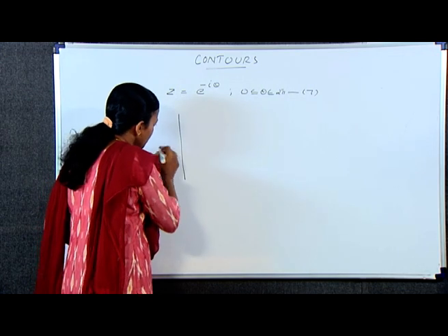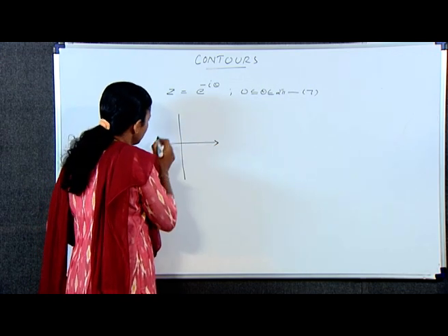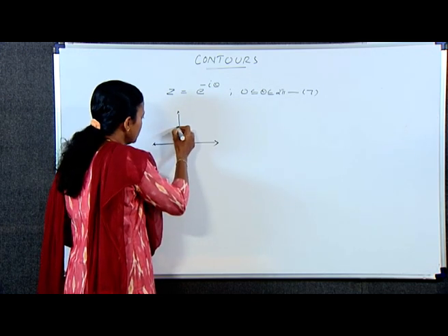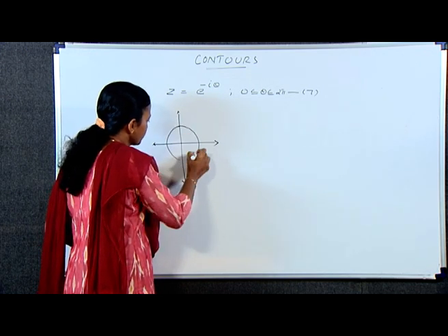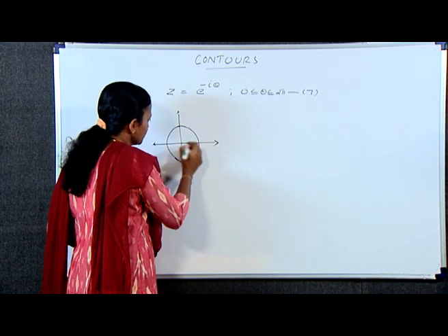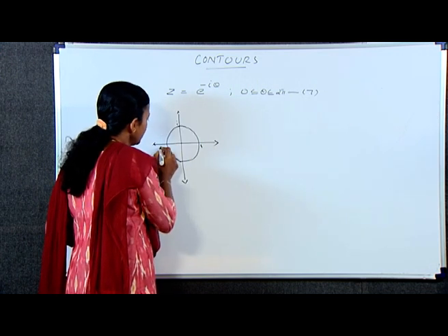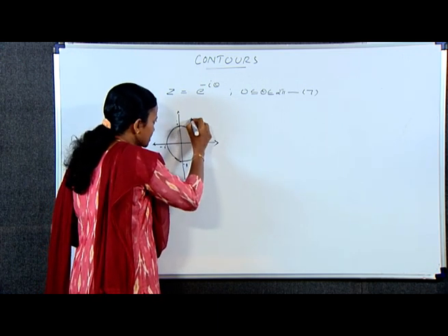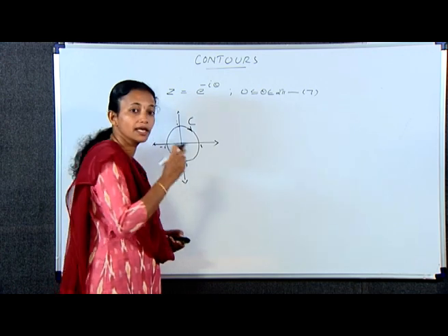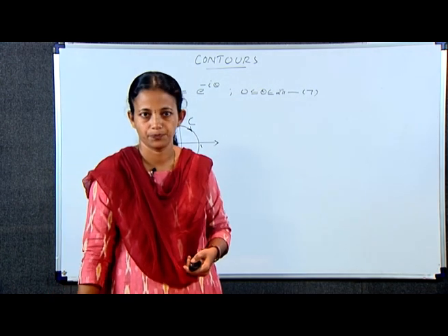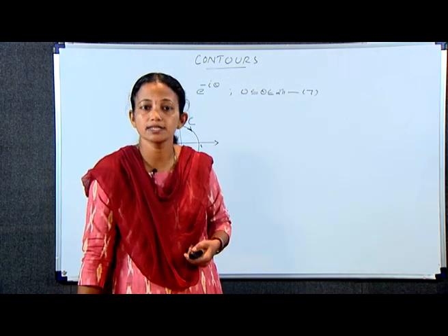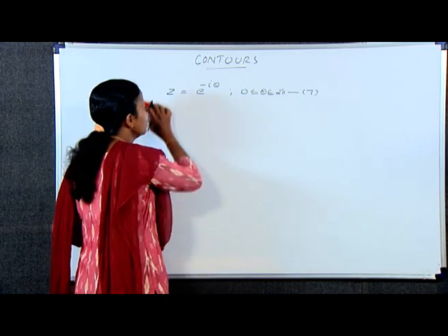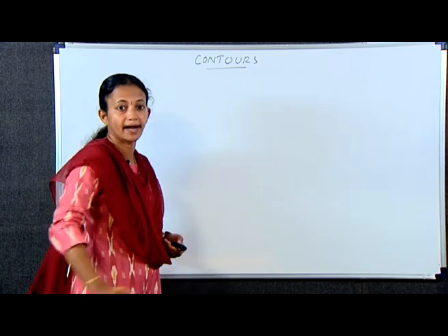So it is of the form center, of course 0, with points 1 and minus 1. It is in the clockwise direction. This curve is in the clockwise direction. Next, the points on the arc, that is z is equal to e raised to 2 i theta.